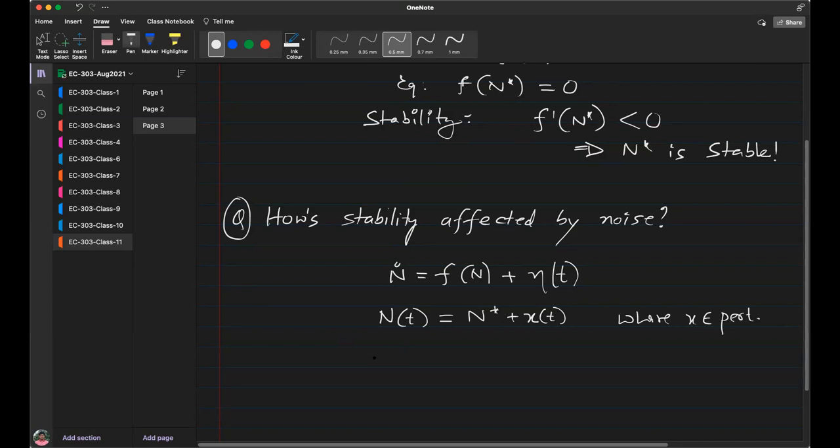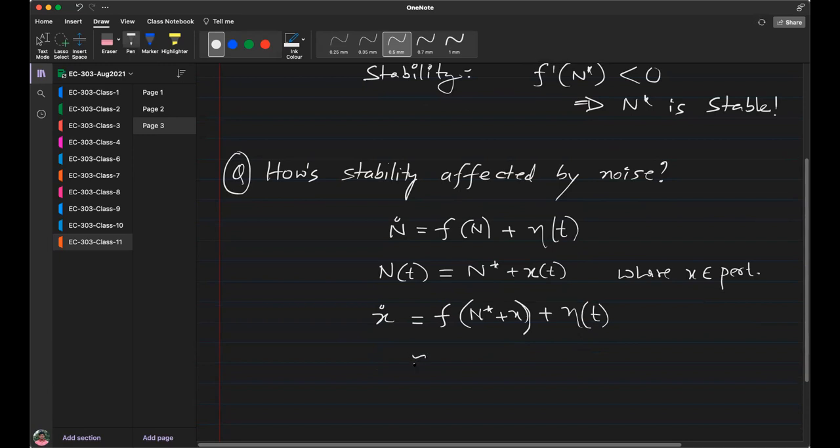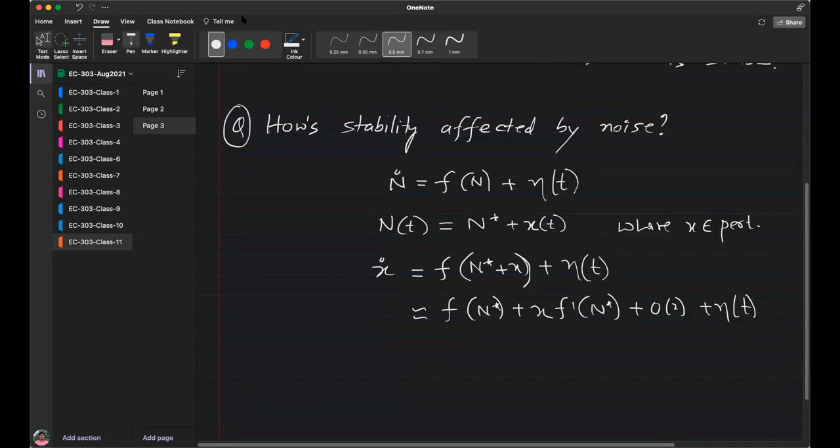The left hand side basically becomes x dot, because the first term is a constant and just goes away. The right hand side becomes f of n star plus x, and the noise term remains the same. Let us now do a Taylor series expansion, and you have higher order terms, and then noise again. What is the first term?